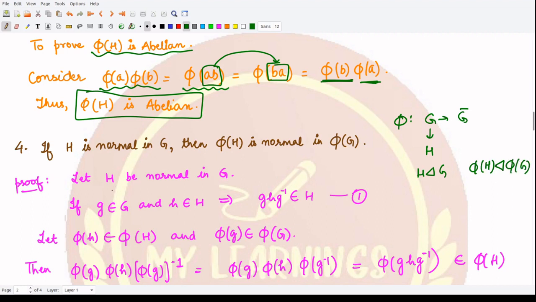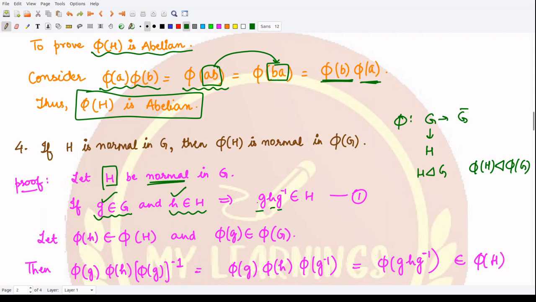Because we are given H as a normal subgroup, if we take any two elements, one from the group G and one from the subgroup H, say small g and small h, then because H is normal, g h g inverse would be present in H by the property of normality.